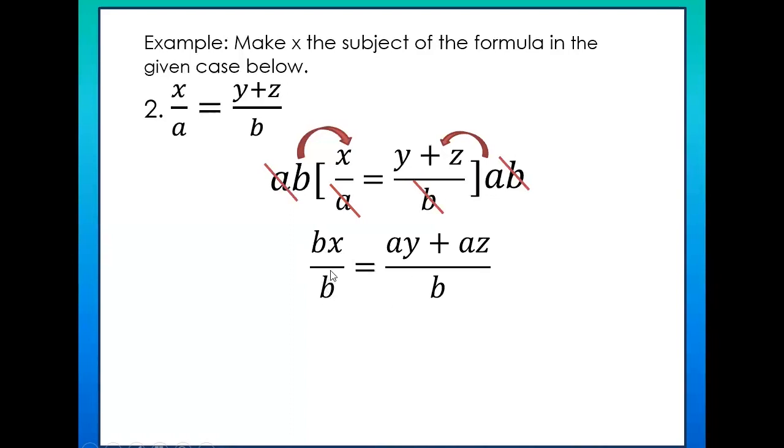So we have to divide the same quantity, your b, on both sides of the equation in order for us to remove b on this side. That's the reason why we have b in this case. So cancel b, leaving only your x. And the answer now is x equal to ay plus az over b.